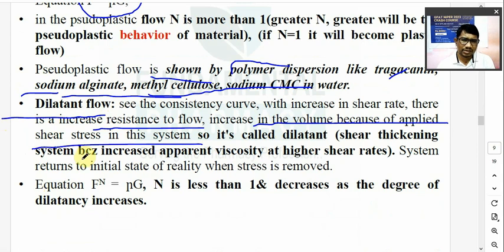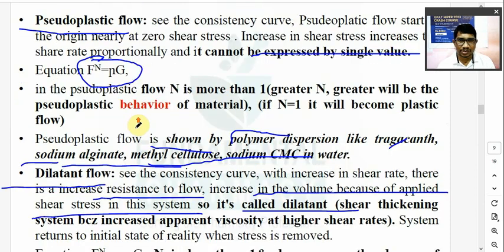If you apply the stress, it will resist the flow and there is an increase in the volume or increase in the viscosity of the liquid. So what will happen? Increase in the viscosity. That's why dilatancy, volume बढ़ गया, फैल गया ना. That's why it is known as a dilatant. And remember, materials showing pseudoplastic flow are known as shear thinning systems.